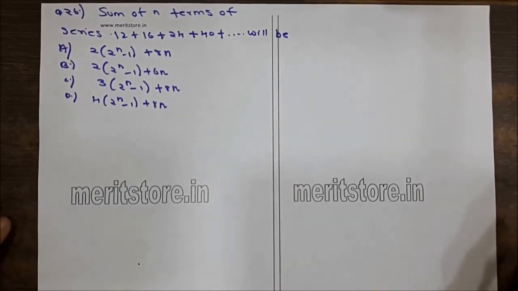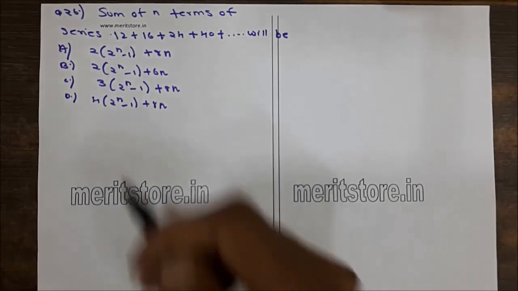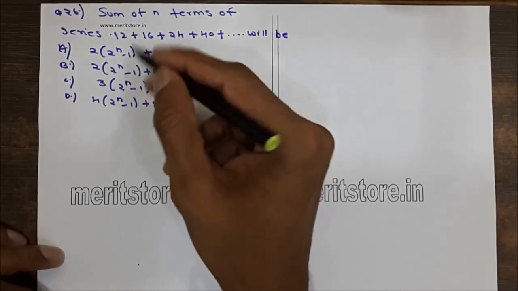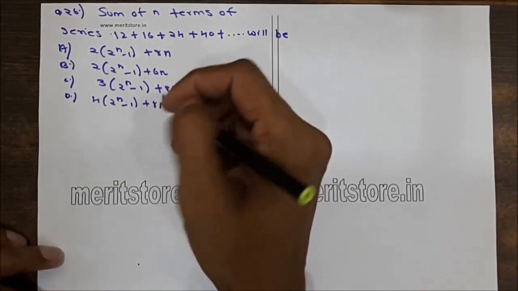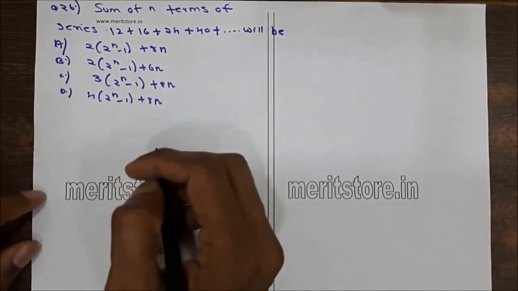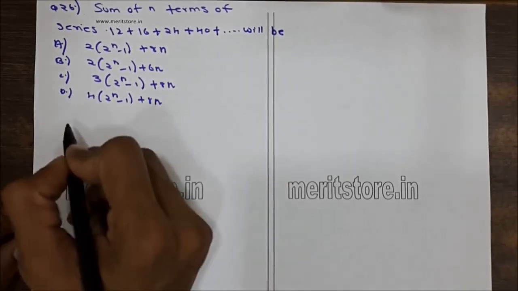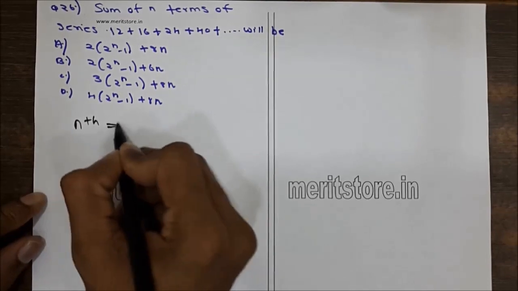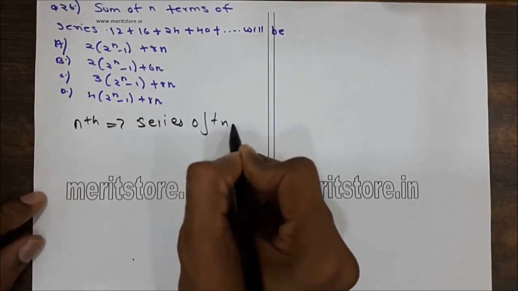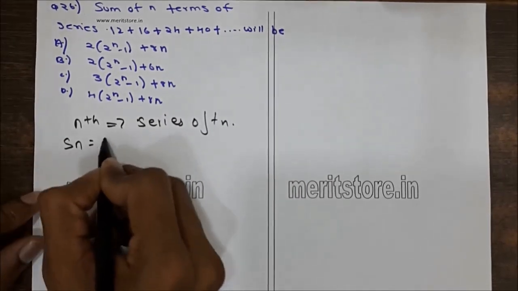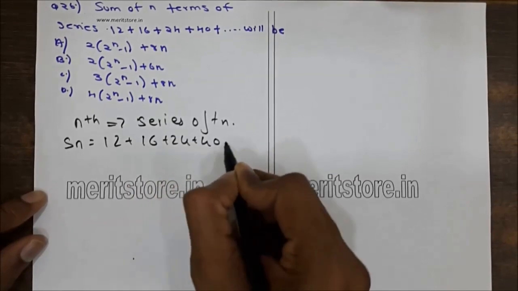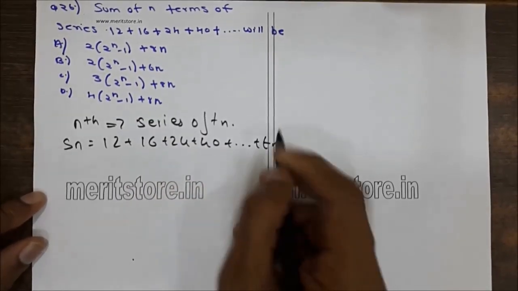Question 26. The sum of n terms of the series 12 plus 16 plus 24 plus 40 plus ... will be, we have 4 options given. Let the nth term of the series be Tn, then S of n is 12 plus 16 plus 24 plus 40 plus ... plus Tn.